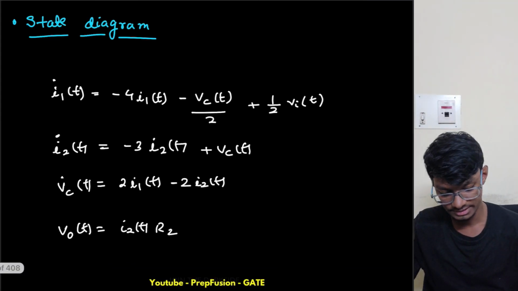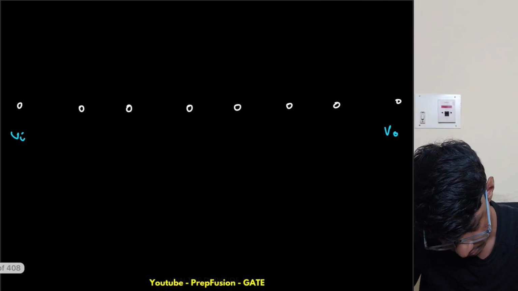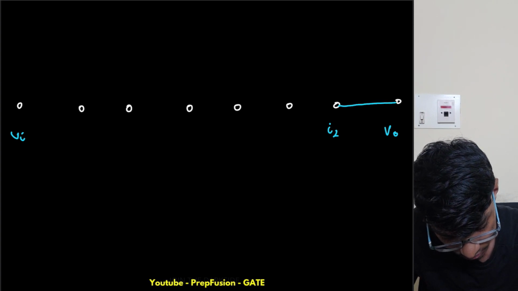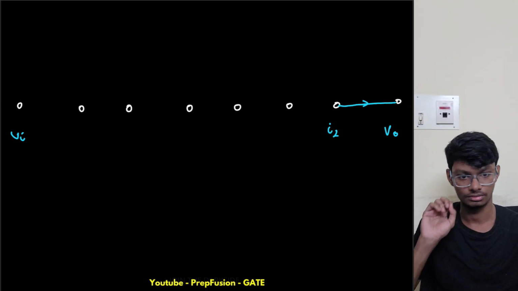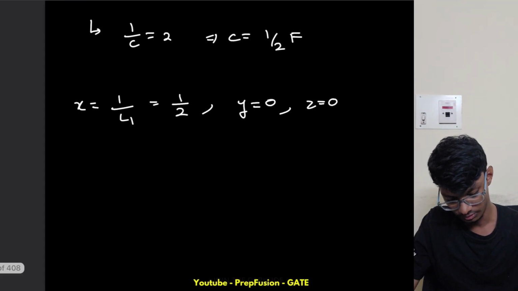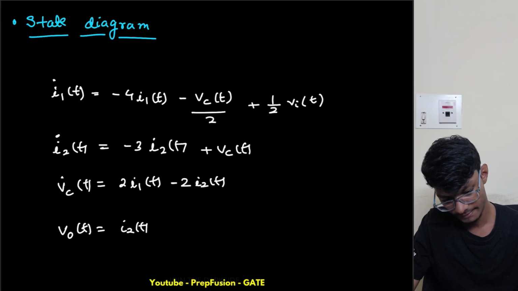What I can see is this is directly related with I2, so I can write I2 here and make a connection of gain R2. R2 was 3 in our case, so I will replace this R2 with simple 3.